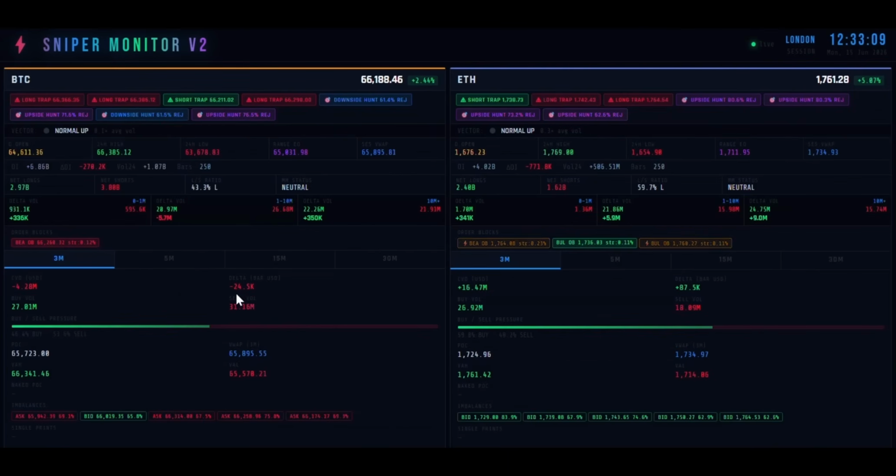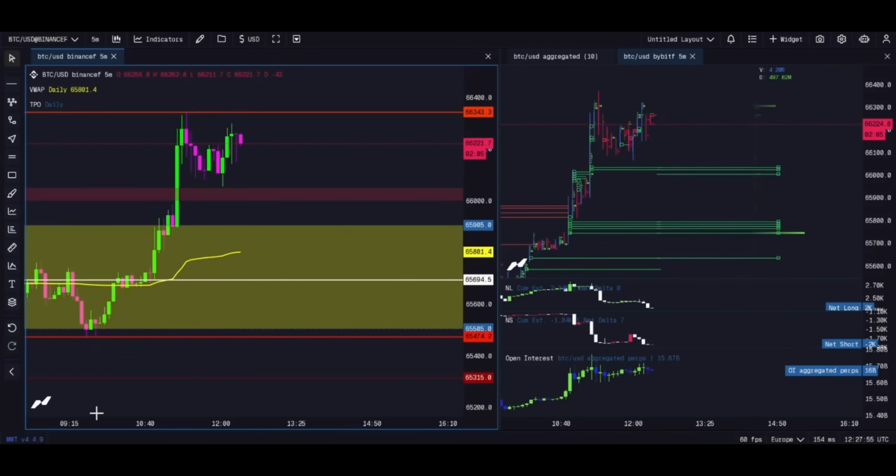I also noticed that this was flickering really high, so longs were trapped. This logic is on trap traders, and buy pressure was really high. Now it's reduced. If I go to a 30-minute, it's balanced. This means longs are trapped, and this actually shows me a lot more information.